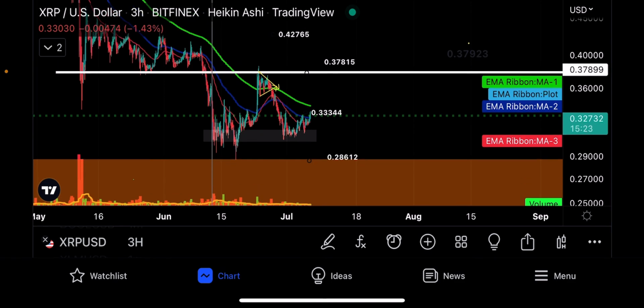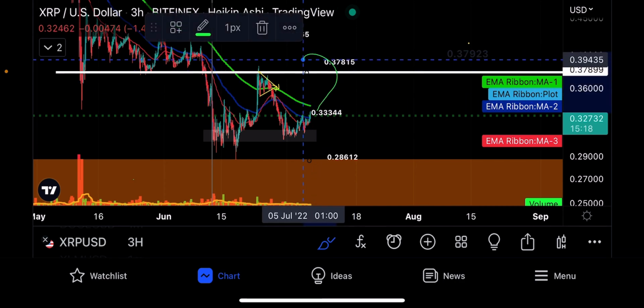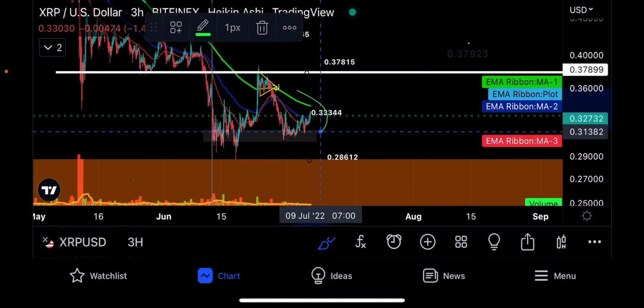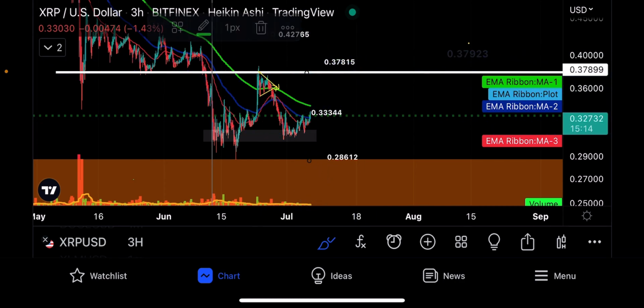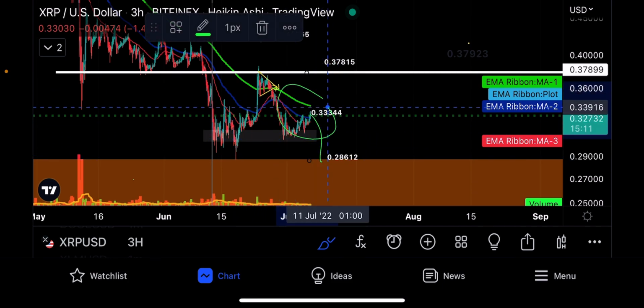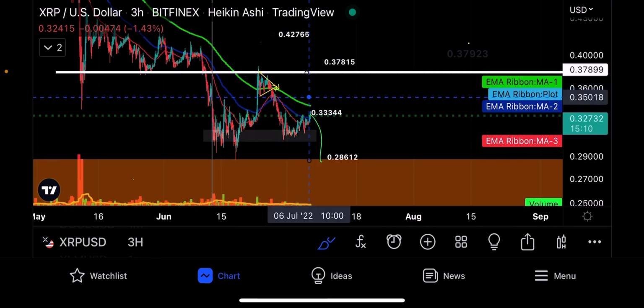If you break above the 200-day moving average, with our industry-exclusive drawing tool right here, you can fire up to 37 cents. But if you get rejected by the 200-day moving average, you're going to come down to 26 cents. So it's the critical area that you're at right now. But I've been thinking this bear market rally should last a little bit longer. But we're going to continue to watch this, as it says, crossroads in XRP, right? Along with the rest of the crypto market after we've had major lending services go bankrupt. And there's a lot of uncertainty in the crypto market, right?